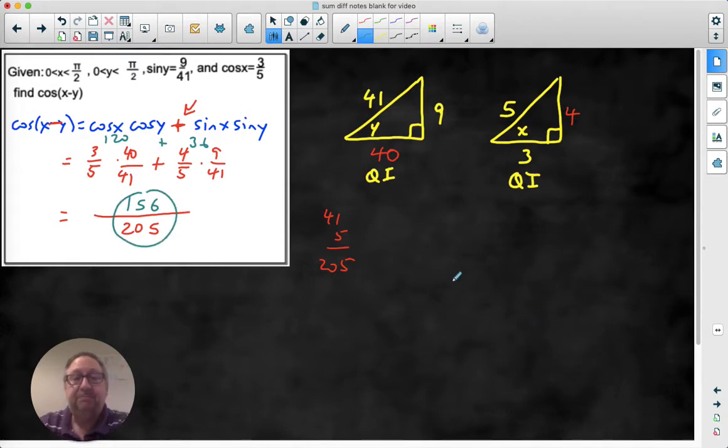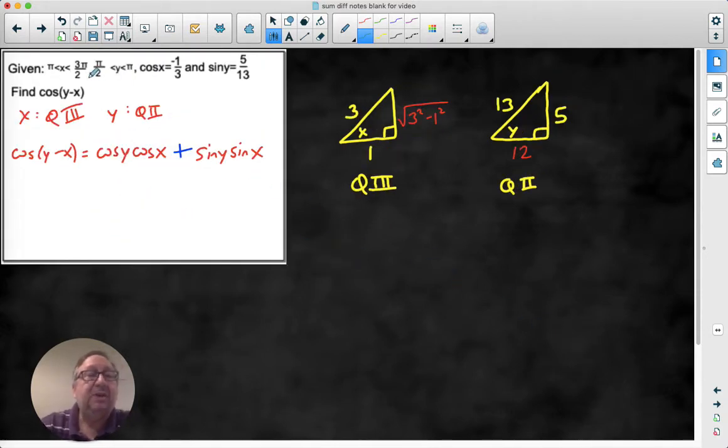Next problem. This time we're given x between pi and 3 pi over 2, that's quadrant 3. Y is between pi over 2 and pi, that's quadrant 2. Cosine, because we're in quadrant 3, the cosine is negative, and yes it is. And here's cosine labeled as 1/3. Now, I'm stating it's quadrant 3, so I'm not including the signs in my reference triangle.